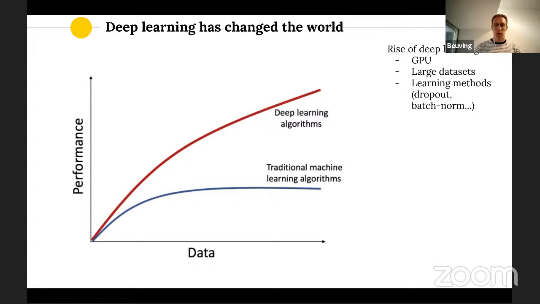In 2014, it was ImageNet, where millions of images were made available for training. At the time, the learning methods for neural networks also became more common and better. So we see the performance of deep learning networks still improve. This is also what we see now. The bigger the network gets, the more data it consumes, but the performance still goes up.